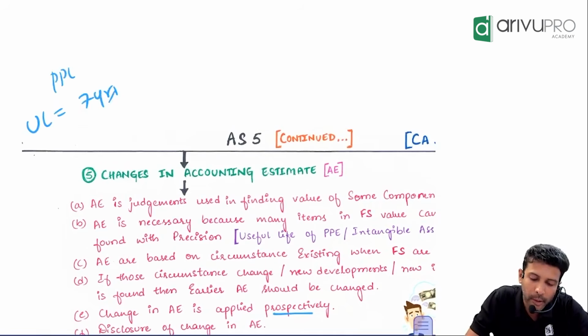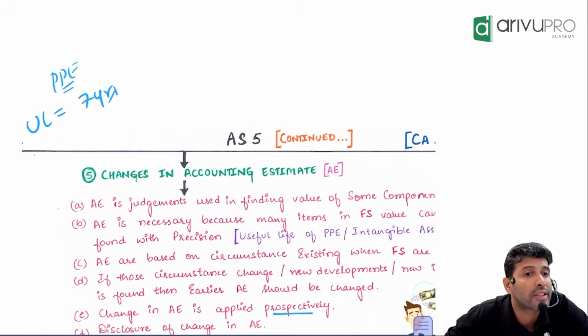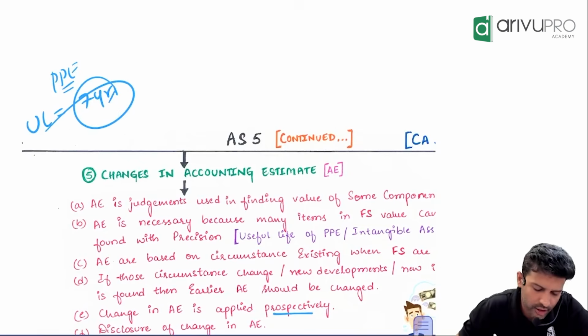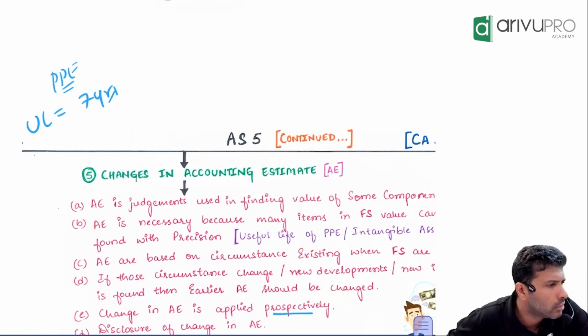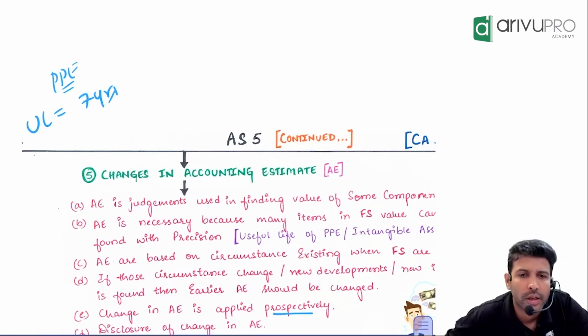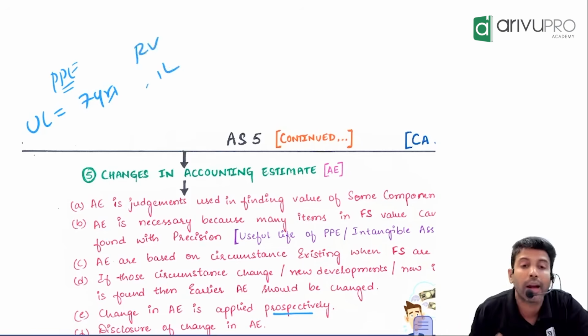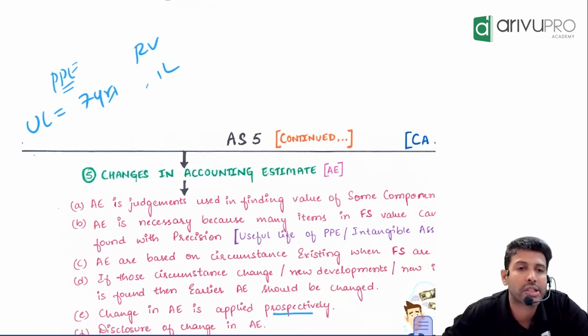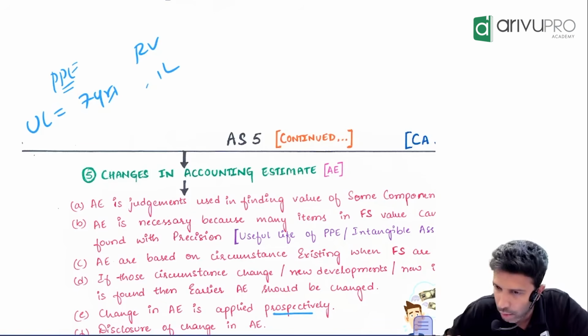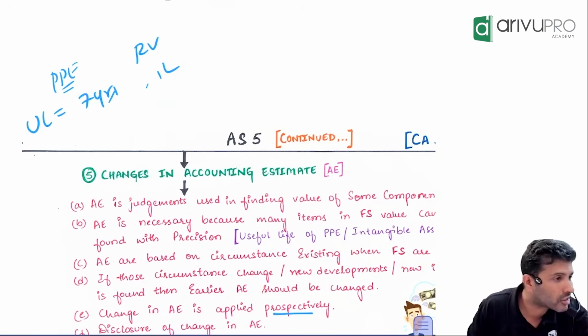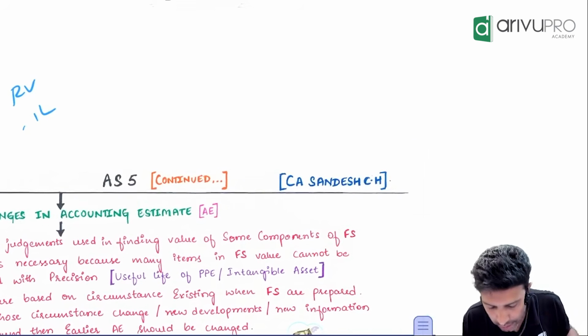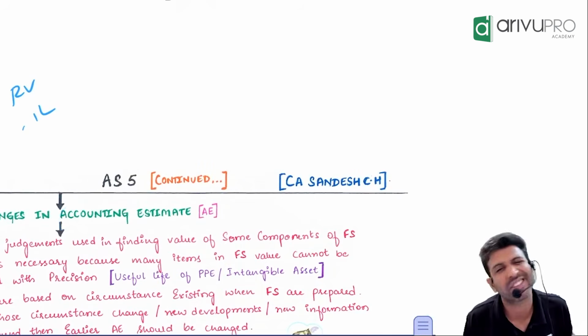Is 7 years a definite number or just an approximation? Just an approximation. Residual value I am thinking is 1 lakh. Definite number or just an approximation? Finally, I may get more than 1 lakh, or I may get less than 1 lakh. This is just an approximation. Such approximations we call accounting estimates.